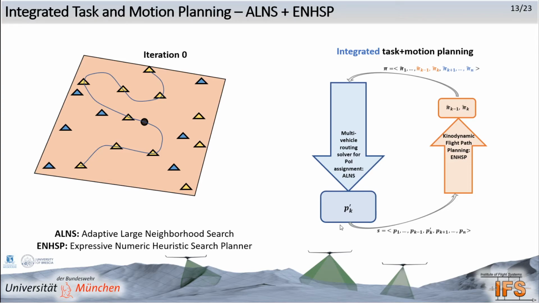So for this, we built on top of the PDDL+ planner a multi-vehicle routing solver based on adaptive large neighborhood search. The main role of the adaptive large neighborhood search is to assign points of interest optimally to the multiple HAPS, while PDDL+ takes care of the motion and simple sequential task planning.